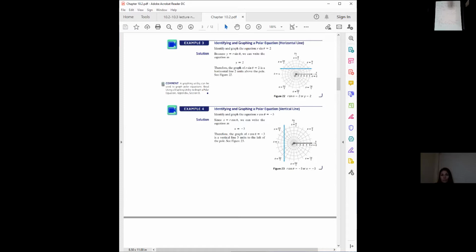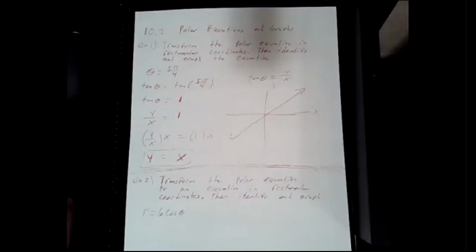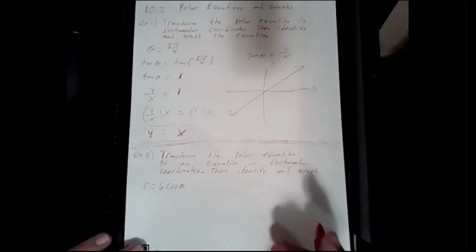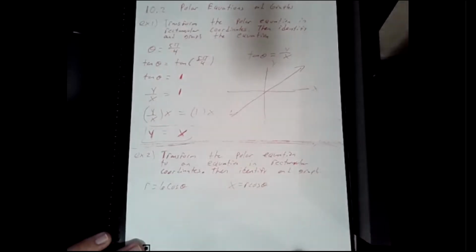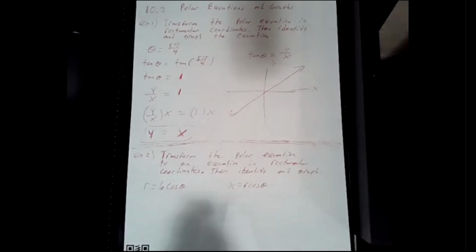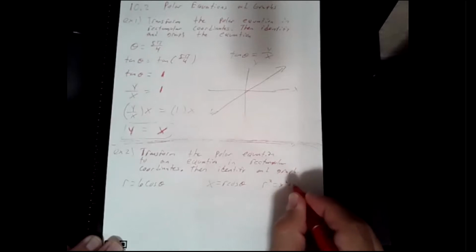So let's convert this into X. We know that X is equal to R cosine theta, and we know that R squared is equal to X squared plus Y squared. Currently we don't have an R cosine, right? But we could multiply both sides by R and force it to have an R here.